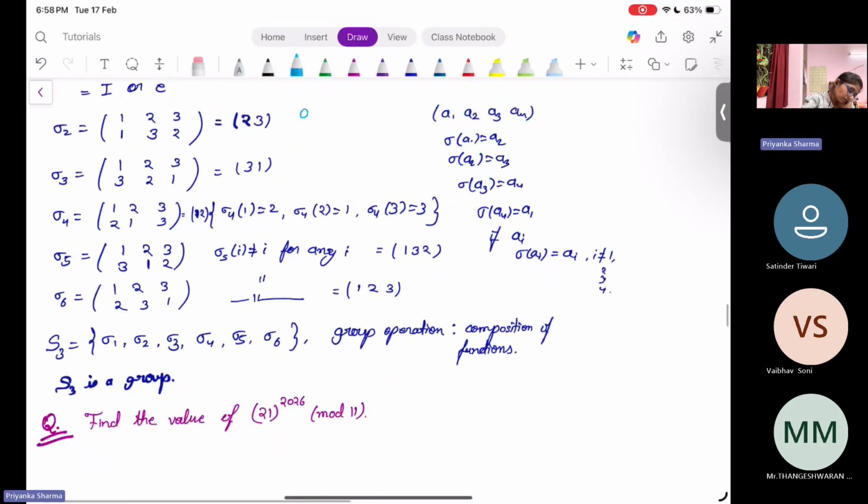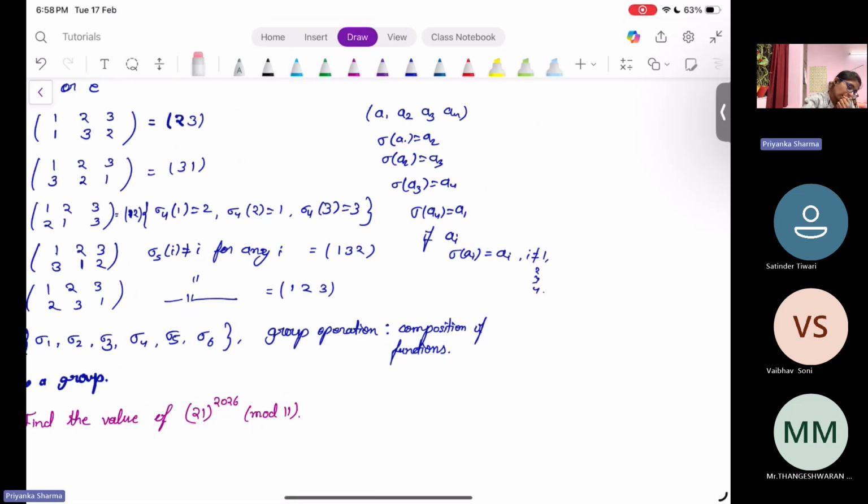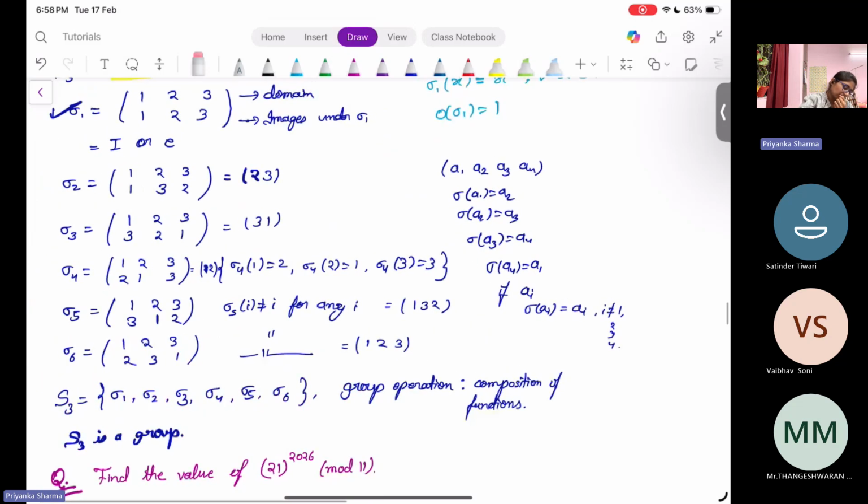Now what will be the order of sigma 2? How to calculate it? Any idea? How to calculate the order of sigma 2?